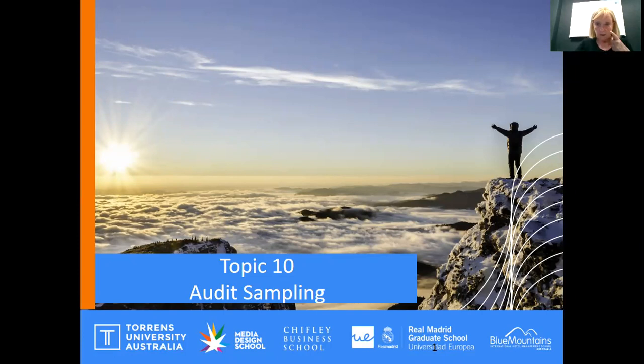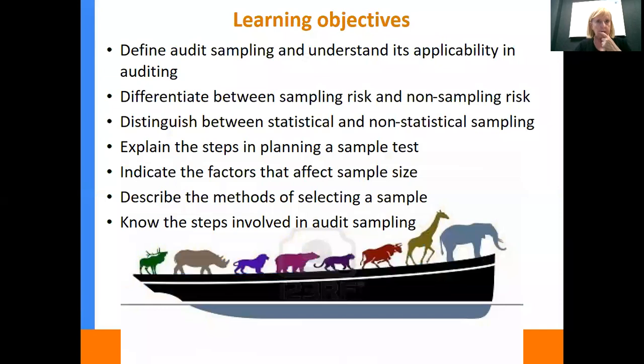So this topic being audit sampling, we'll just look at the objectives. You can read through those. These are very specific and it's a big chapter, so don't worry about trying to read the chapter, just concentrate on the objectives that I've got here. You've got to be able to define audit sampling and understand its applicability to auditing.